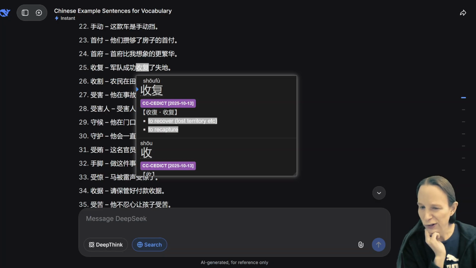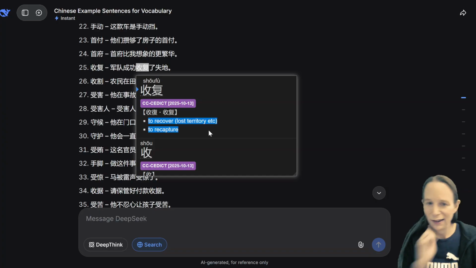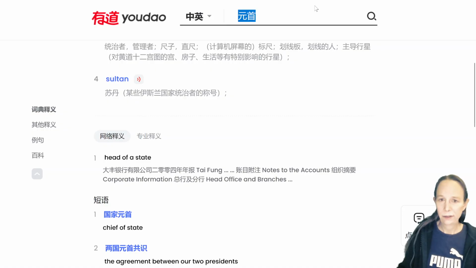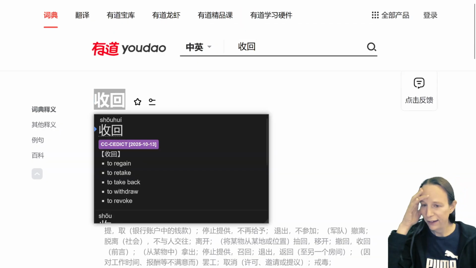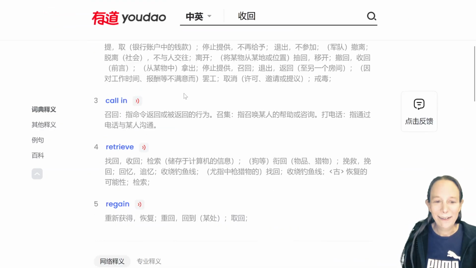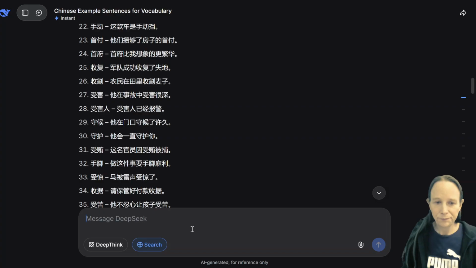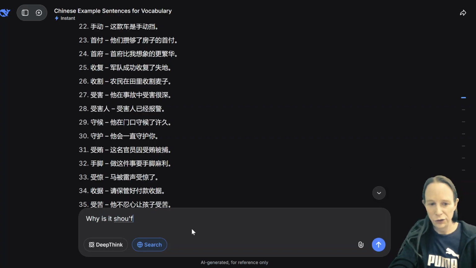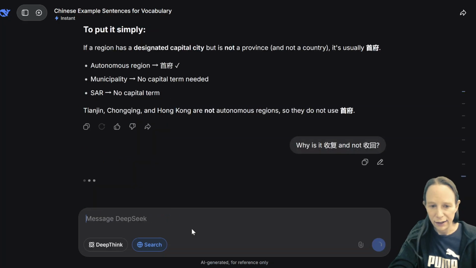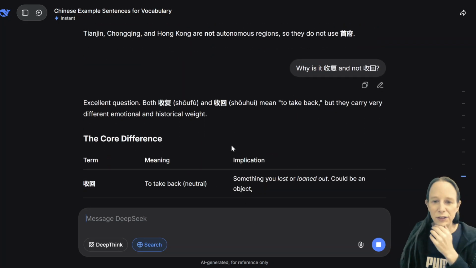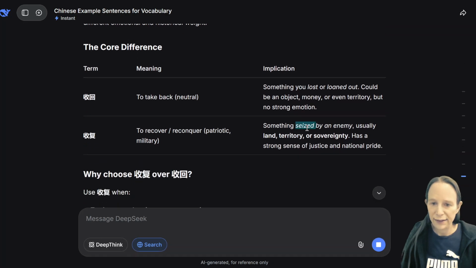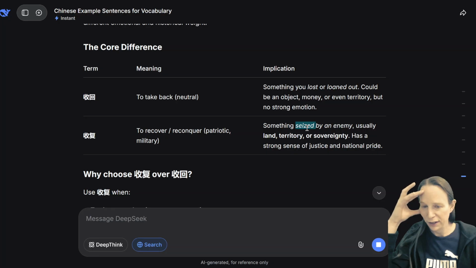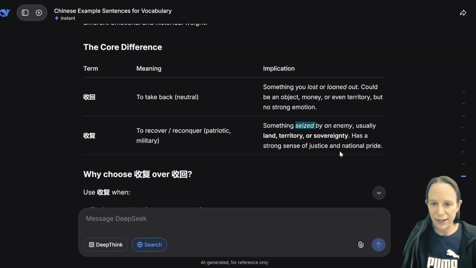Why is it fu though? It should be 收回. 收回. Right? Why is it 收复 and not 收回? Excellent question. Take back. 收复. Something is seized by an enemy and you have a strong sense of justice, national pride.